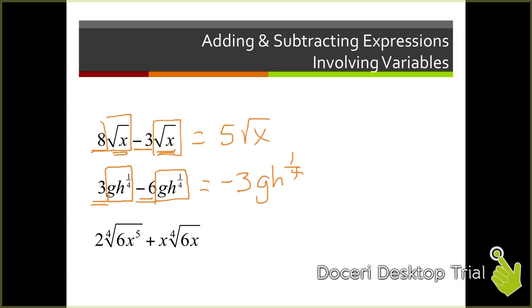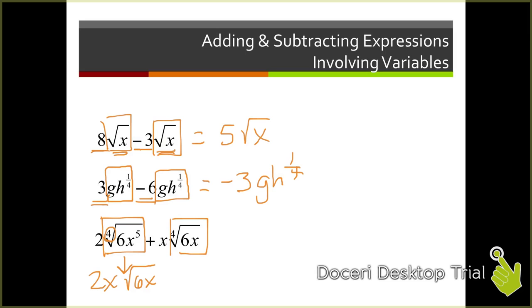And similarly, down here in our last case, the 4th root of 6x. Now this one has the 5th and this one doesn't. So at the moment, they are not like terms. But if I simplify x to the 5th, because I have a 4 for my index, that means I can take an x out and leave one x on the inside.